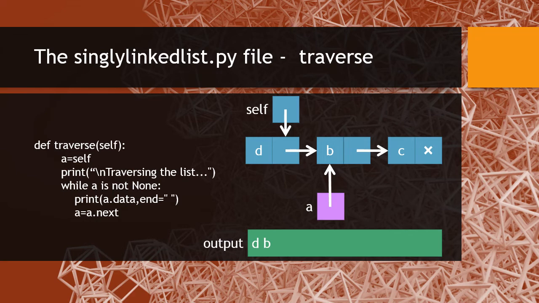Then we find A dot next and we make A point where A dot next is pointing. Another iteration done. Check the while condition. A is not none. Where is A dot data? Here it is. Print it.